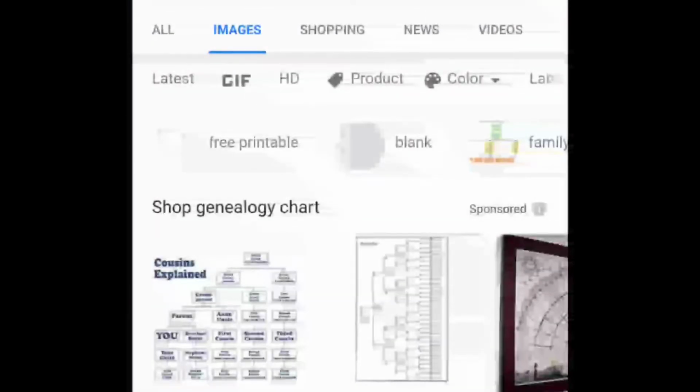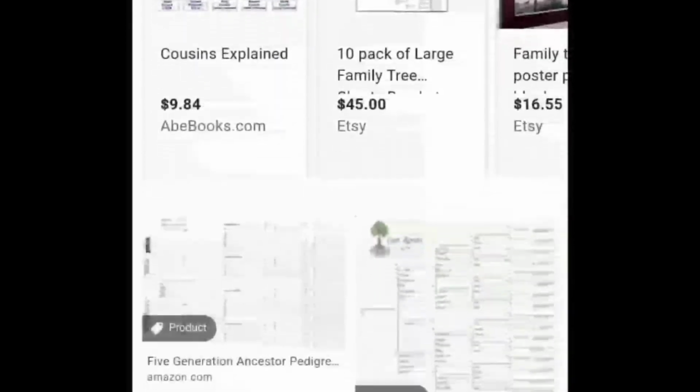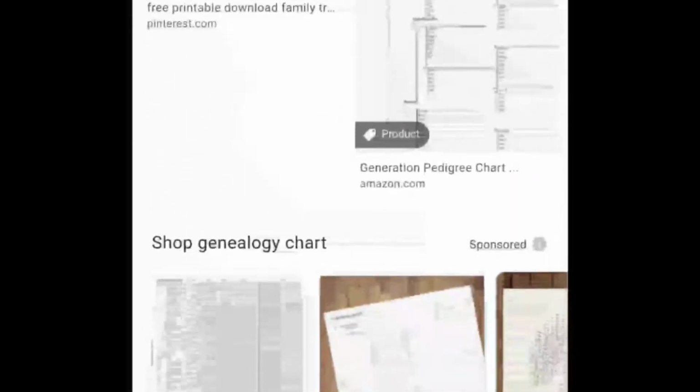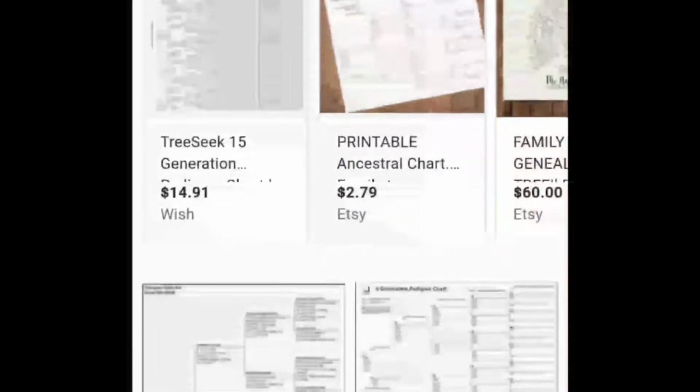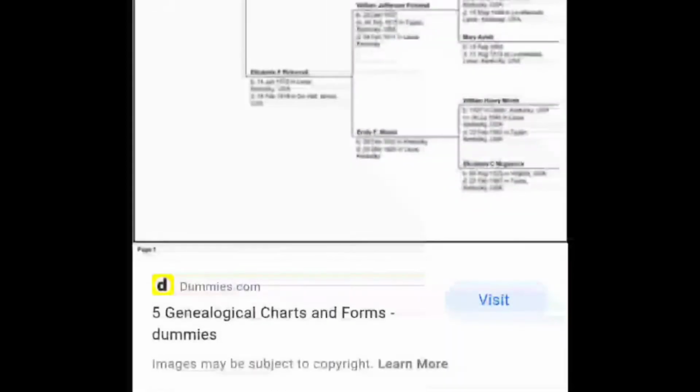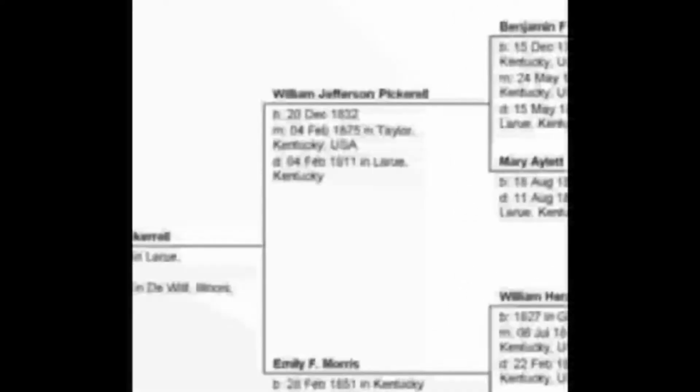But anyway, back to my search. So I just started looking through the different templates that they had, and anything that looked like it might have been filled out, I kind of clicked on it to see what all they had gathered. Like this one, let's look at William Jefferson Pickerel here.